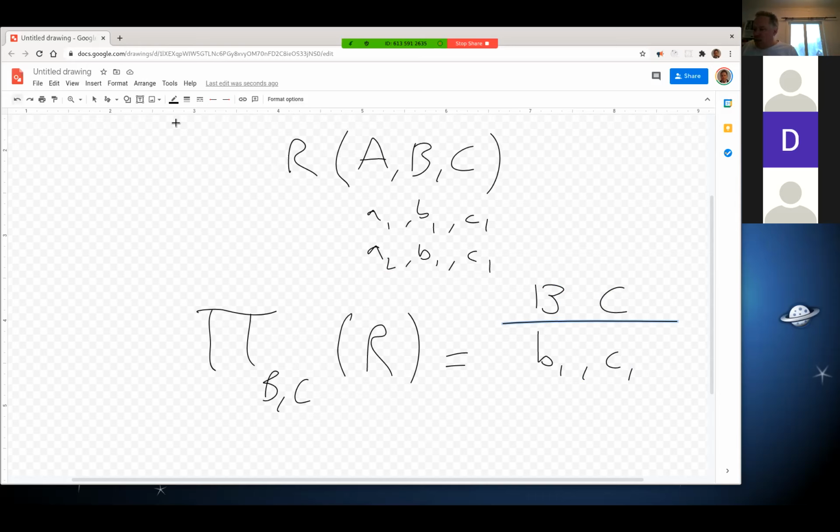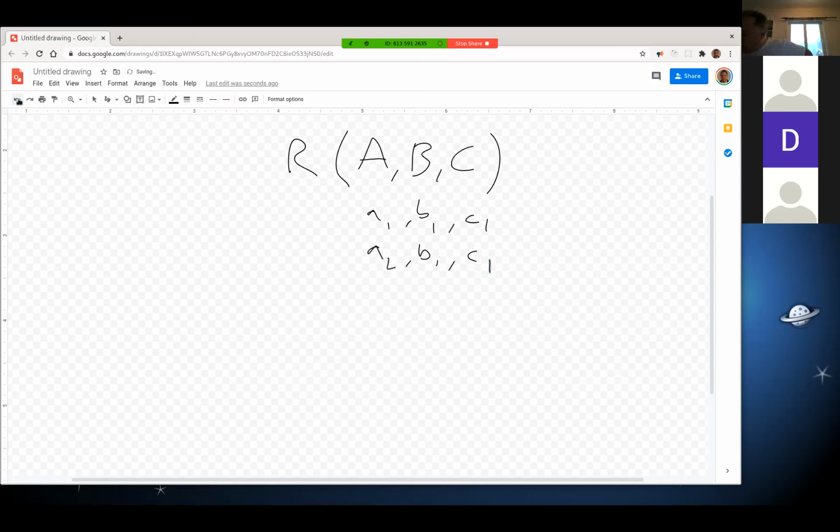Now let's talk about selection. Another unary operator is what's called selection, and that's this big sigma. It's not very pretty, but you get the idea.